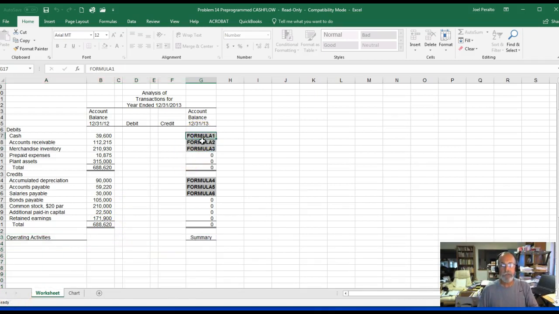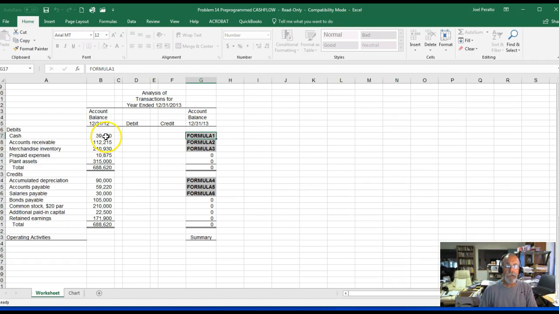I think one of the first things we should do is create the formulas for our worksheet. The reason they have included the accumulated depreciation credit amount down below will become more apparent when we start looking at how we construct the formulas.